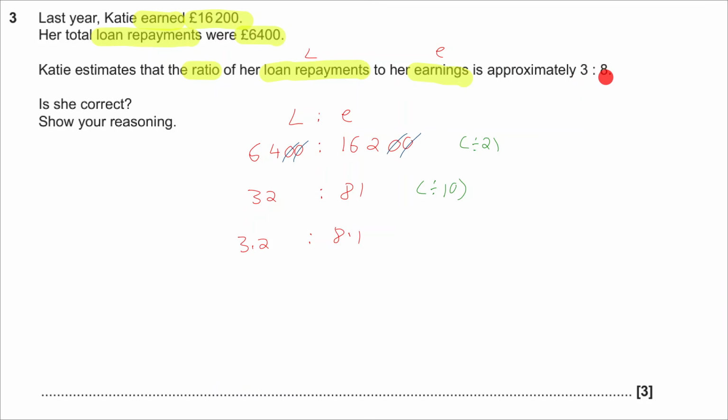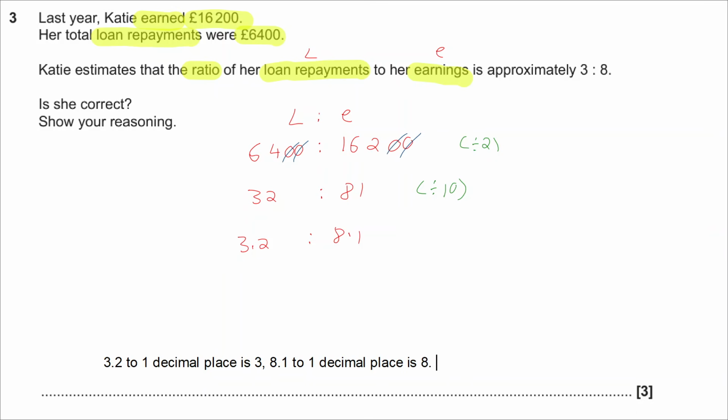But just to give a bit more reasoning here, we can say something like this. If I type up an answer, I'm going to say that 3.2 to 1 decimal place is 3, and 8.1 to 1 decimal place is 8.